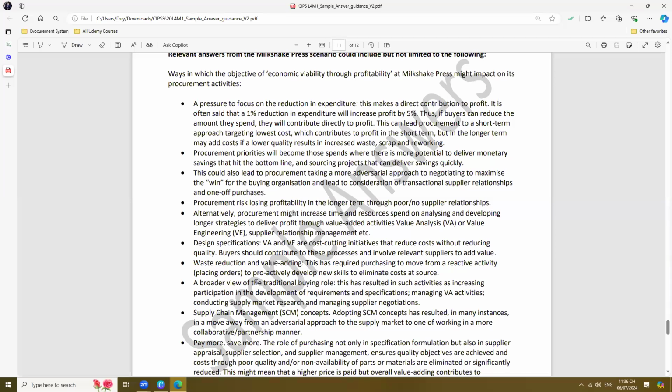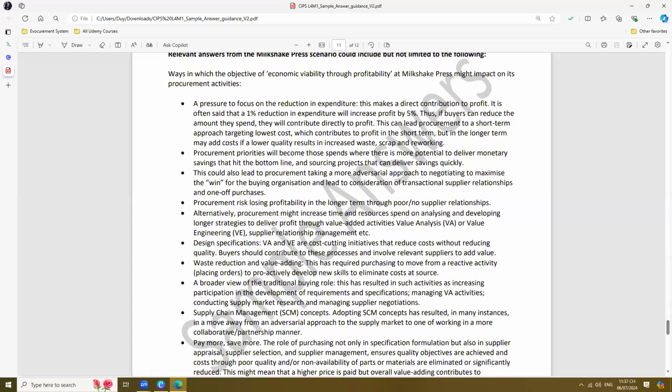It could be negative, like we may face higher pressure for adversarial negotiation, or for getting more discount. But it could be positive if we know how to organize procurement activity well. Like we could organize some VAVE sessions that may reduce the price while improving the quality.